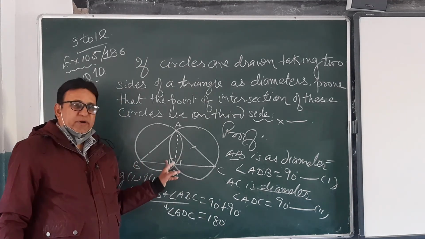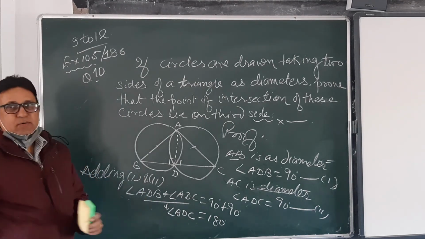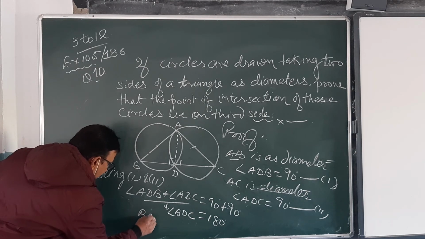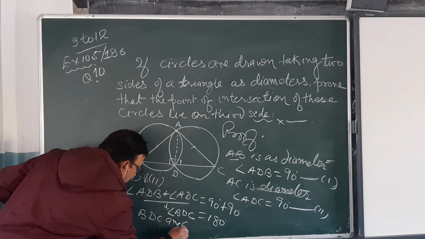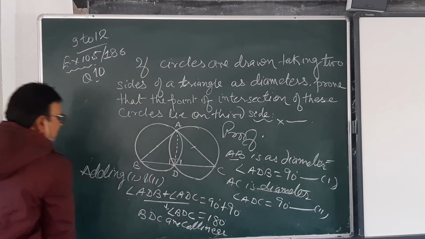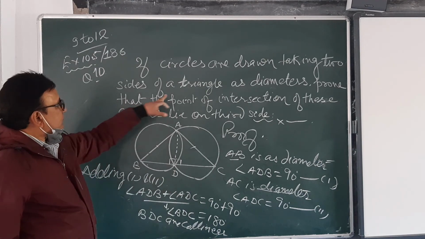By linear pair, B, D, C are collinear. Points are what? Collinear. Means they lie on the same straight line. That is why the point of intersection lies there.